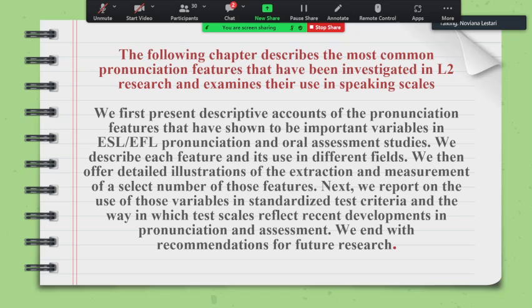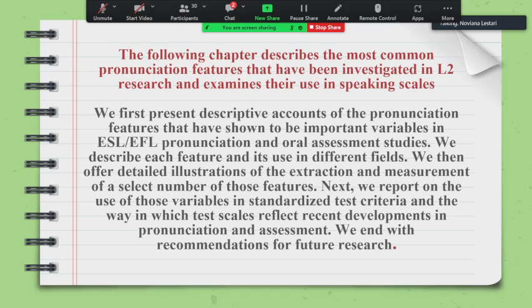We describe each feature and its use in different fields. We then offer illustrations of the extraction and measurement of a select number of those features. Next, we will report on the use of those variables in standardized test criteria and the way in which test scales reflect recent developments in pronunciation and assessment.